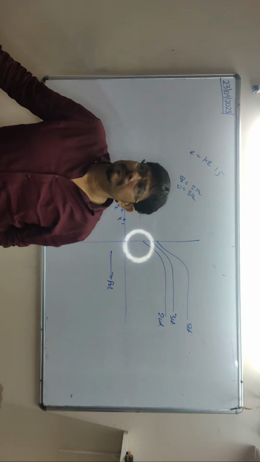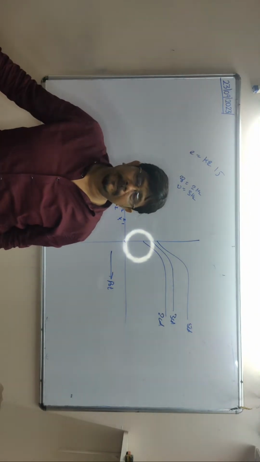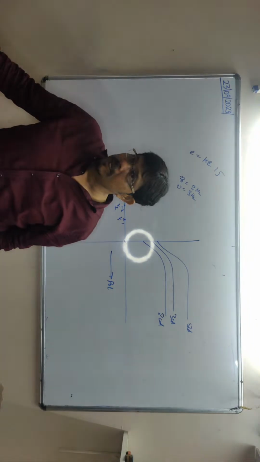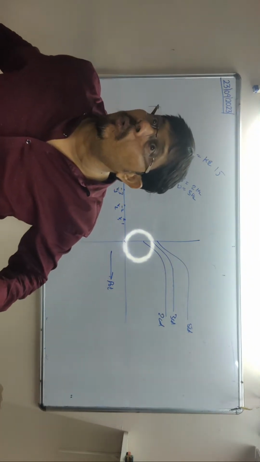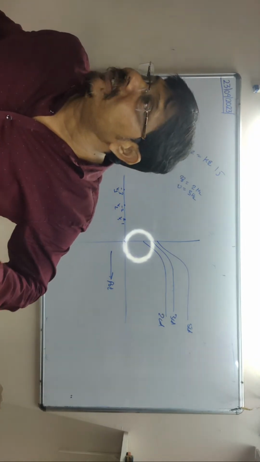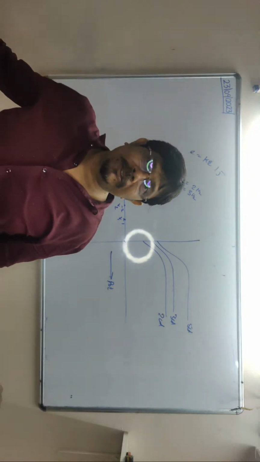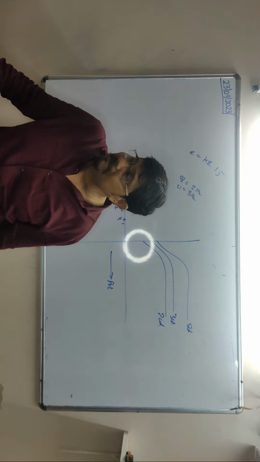How much? 100 electrons per second. You getting the concept? I kept 100 electrons per second emitting out of the metal surface, and the frequency should be greater than the threshold frequency, otherwise you can't get the answer. You can't get any experiment.